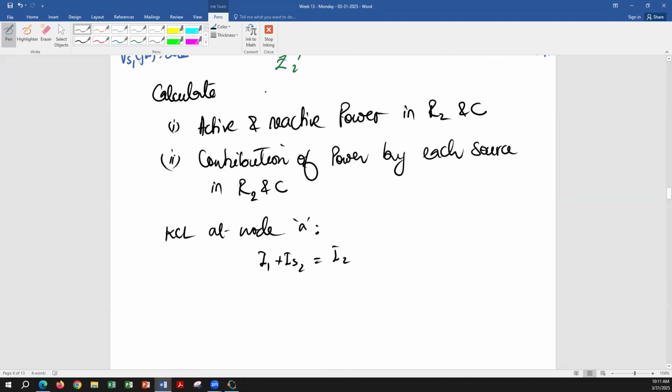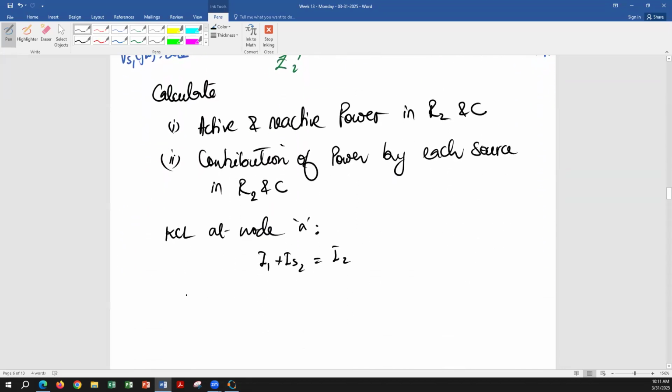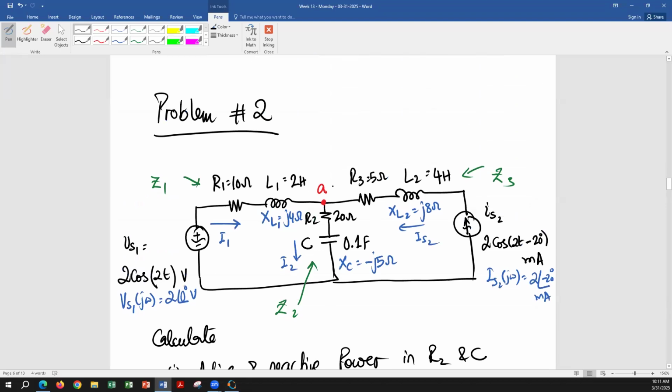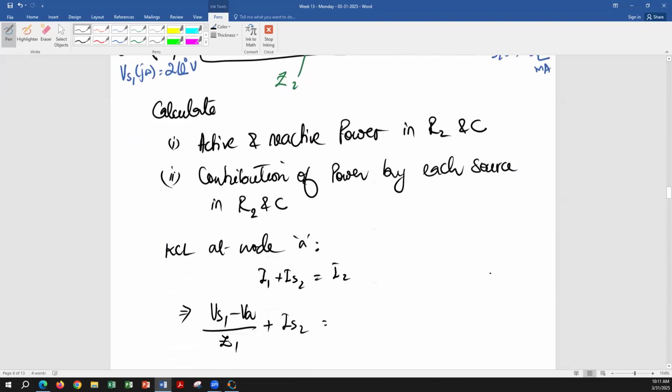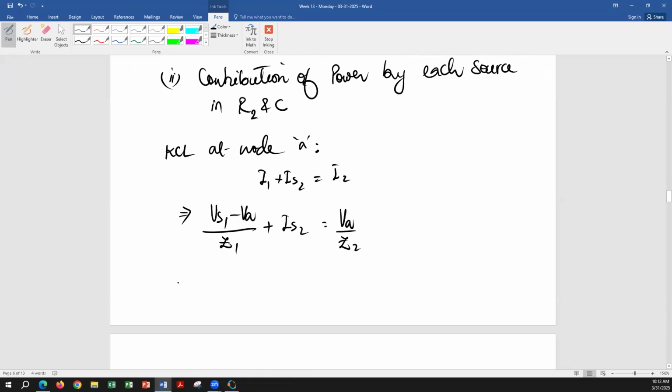So I1 is VS1 minus VA over Z1. IS2 we already know. And I2 is, this is I2, I2 is VA over Z2. So let's go ahead and figure out what is VA. Take this VA on the other side, it's going to become plus VA over Z1.